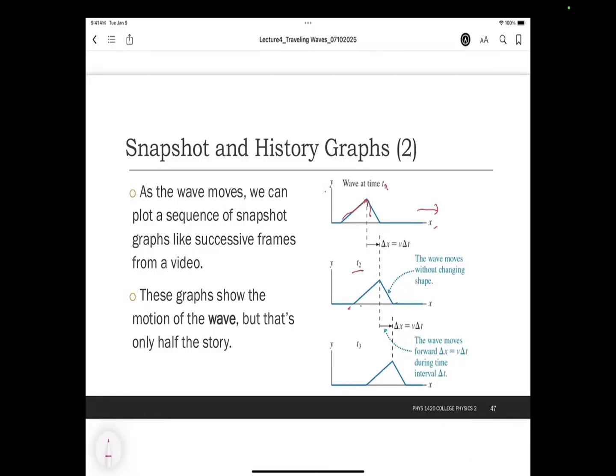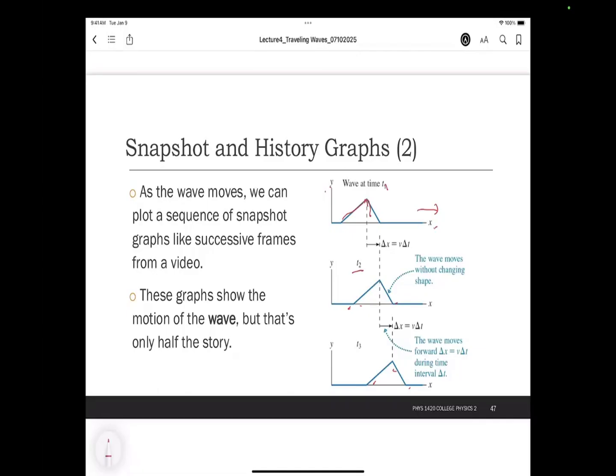The wave always moves without changing shape because we assume there is no friction. It's an ideal wave movement. The wave moves forward Δx = vΔt during time interval Δt. Does it make sense to you?